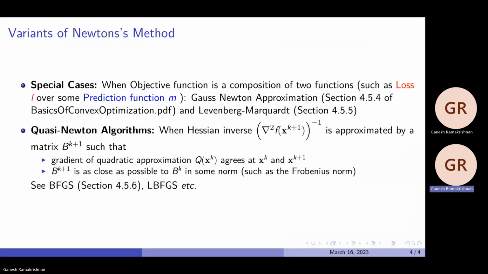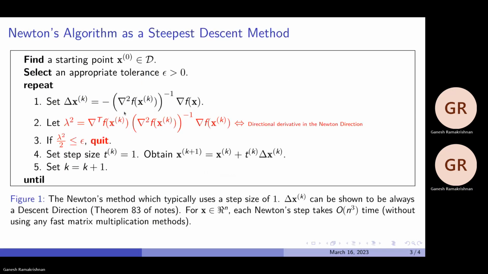I'll skip the motivation, but the idea behind the Newton update was that we try to get the step size implicitly through the curvature of the function, which is captured by the Hessian. This turned out to result from two possibilities. One is a quadratic approximation to the function at every point, and we try and solve it exactly.